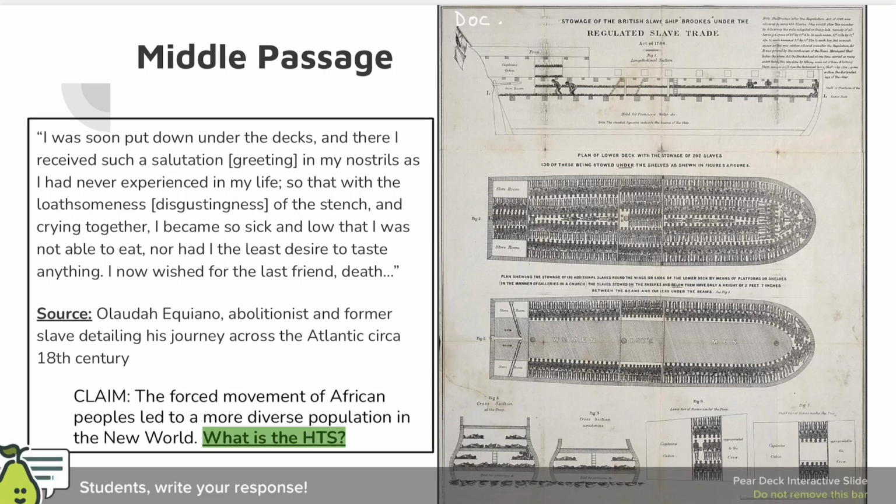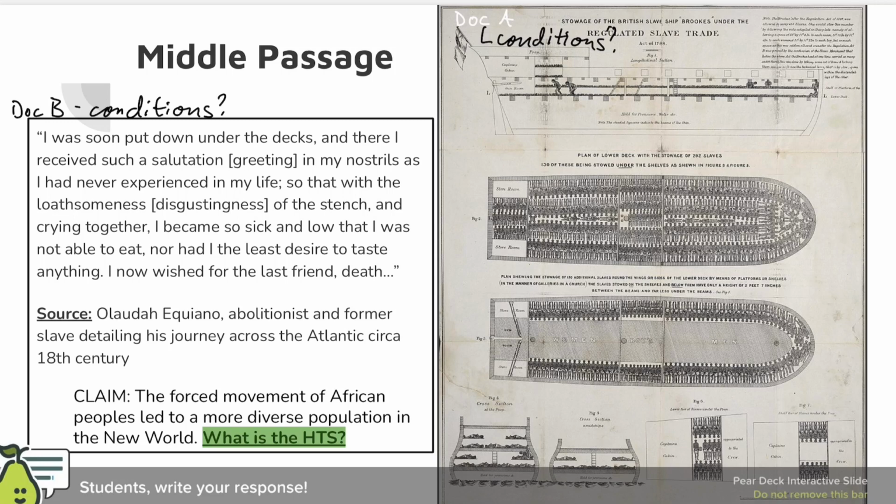So they have firsthand knowledge of exactly what the conditions were like. So just like source A gives us information that says the conditions were terrible, source B, a text source, is going to corroborate that. Okay, so you can put these 2 documents together to make the same point about the inhumane conditions of the Middle Passage.